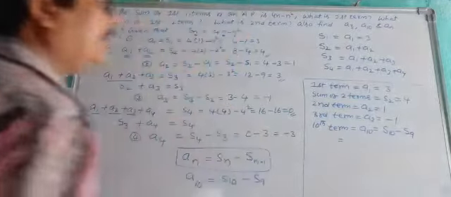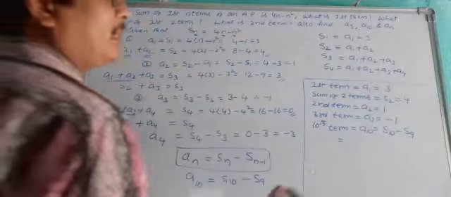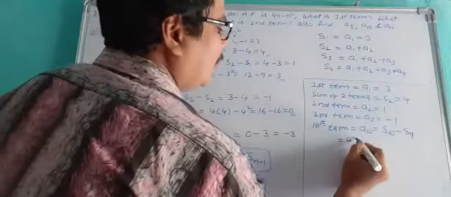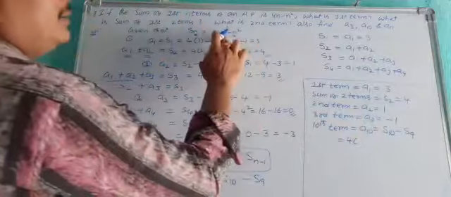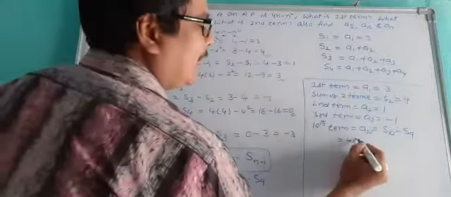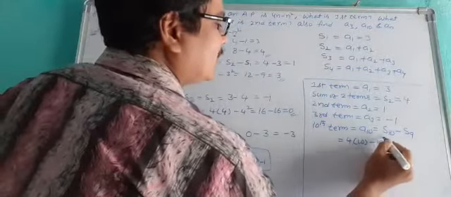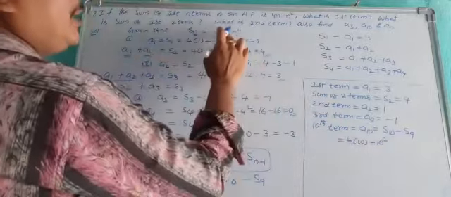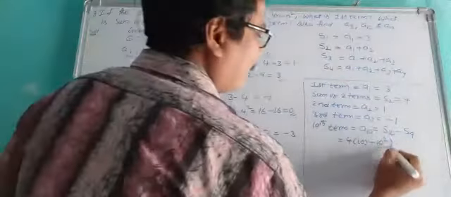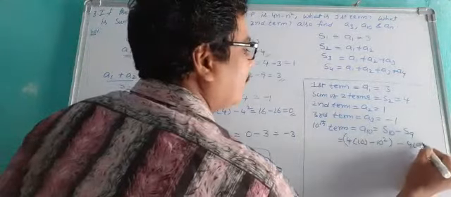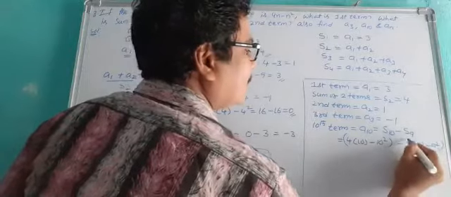So in S10, instead of n you have to substitute 10. 4 into 10 minus 10 square, minus S9, 4 into 9 minus 9 square.